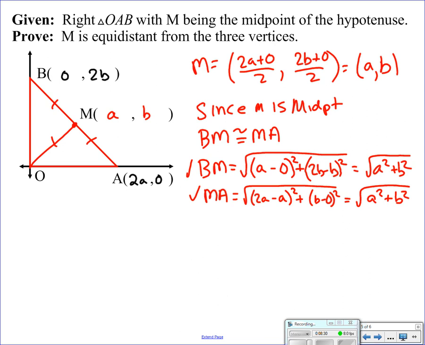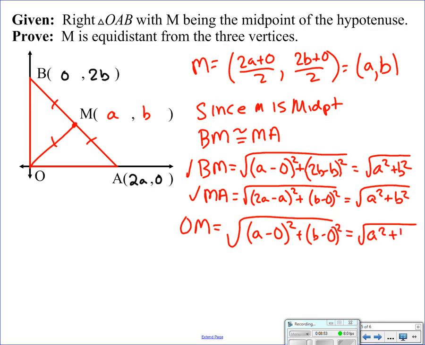Now I need to show that OM equals that. OM is the square root, from the origin, so that's 0 for x, b minus 0 for y, which is the square root of a squared plus b squared. So all three end up being equal. So we have proven, since all three distances are equal, that it is equidistant from all three vertices.